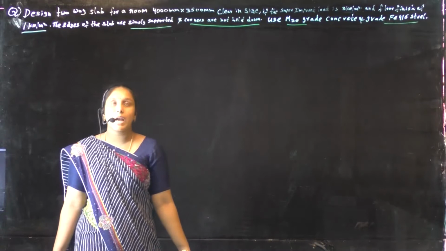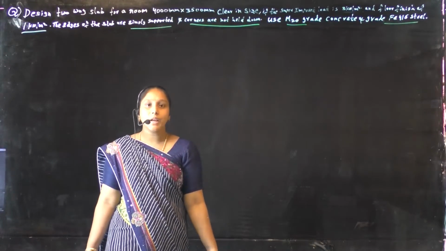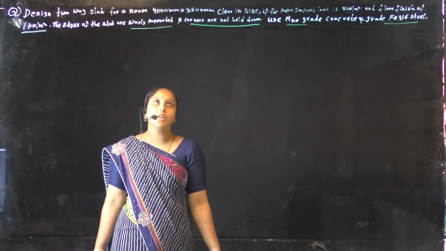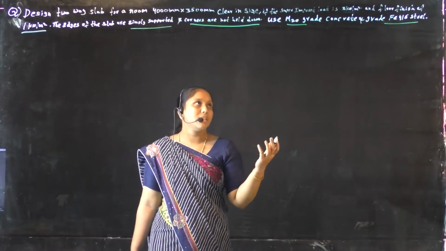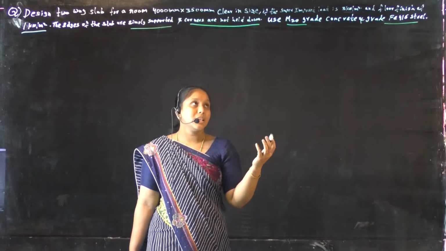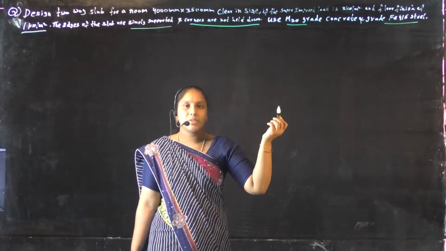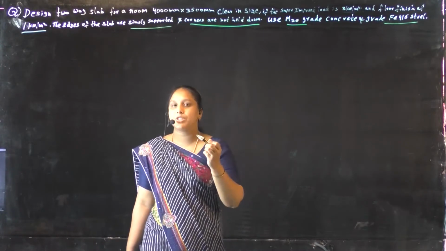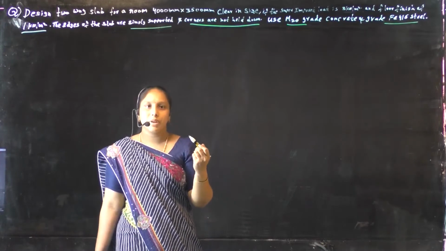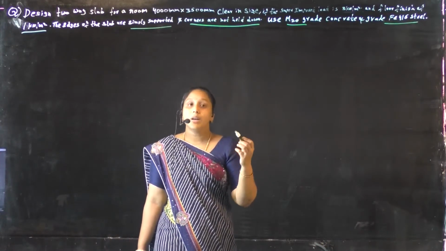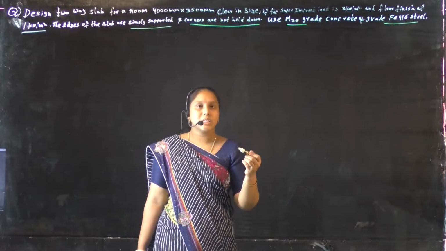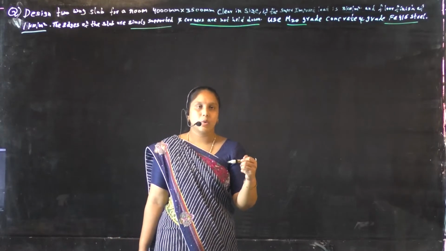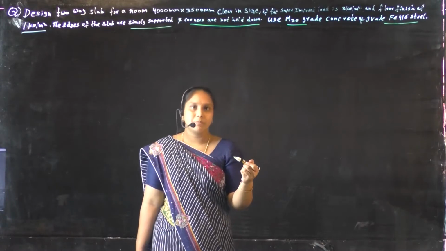He is asking to design a two-way slab for a room, and the dimensions of the room are given and the loads acting on the slab are also given, that is the live load being 3 kilonewton per meter square and the floor finishes is 1 kilonewton per meter square, and all the edges of the slab are simply supported and the corners are not held down, that is they are free to lift up.